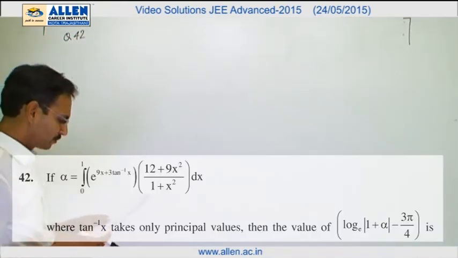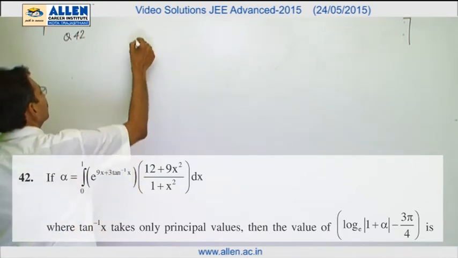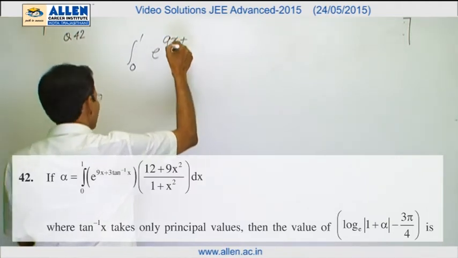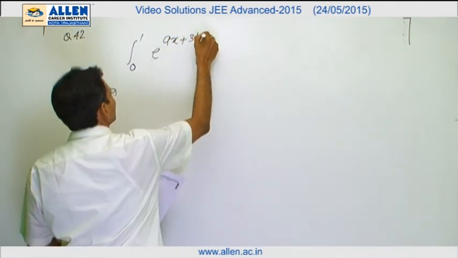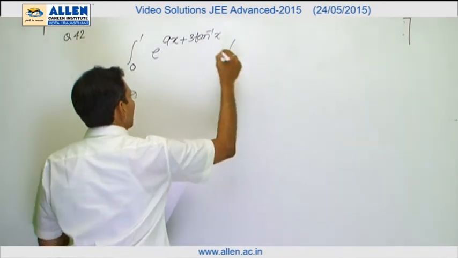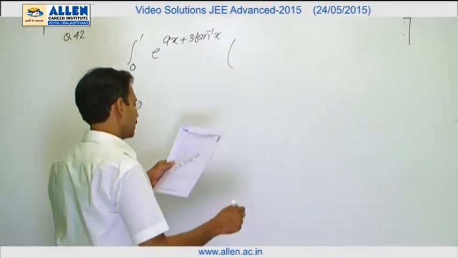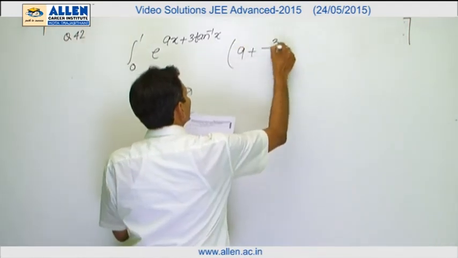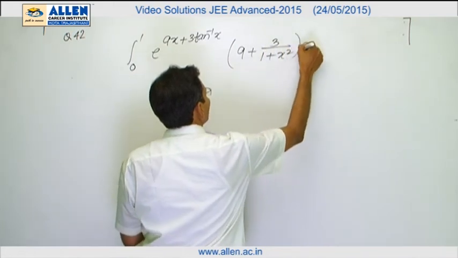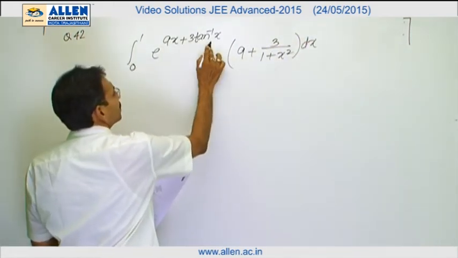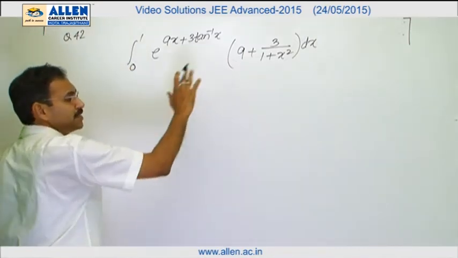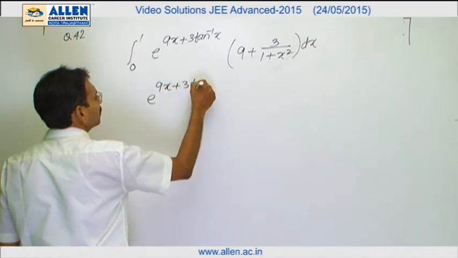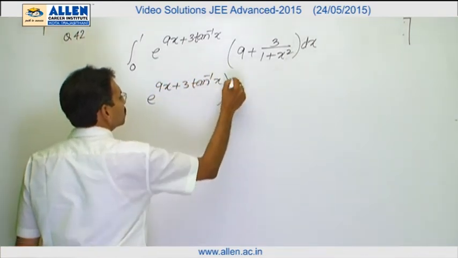Question number 42. It is a very simple kind of problem of integration. e raised to the power 9x plus 3 tan inverse x, and when we differentiate this expression, it gives us 9 plus 3 over 1 plus x square. I can say if this is t, then this is dt. So e power t dt, whose integration is e power t, tan inverse x from 0 to 1.